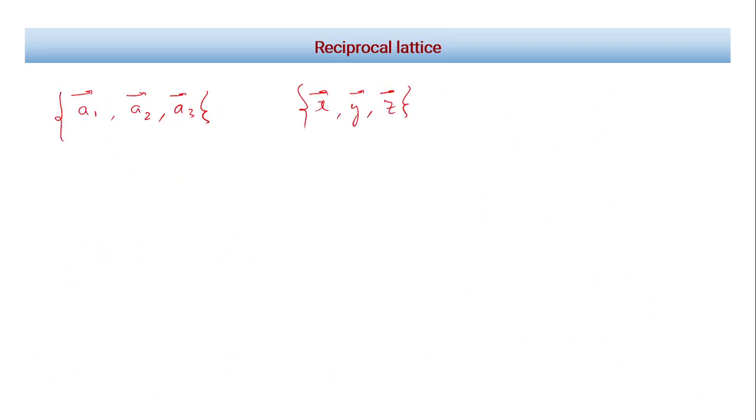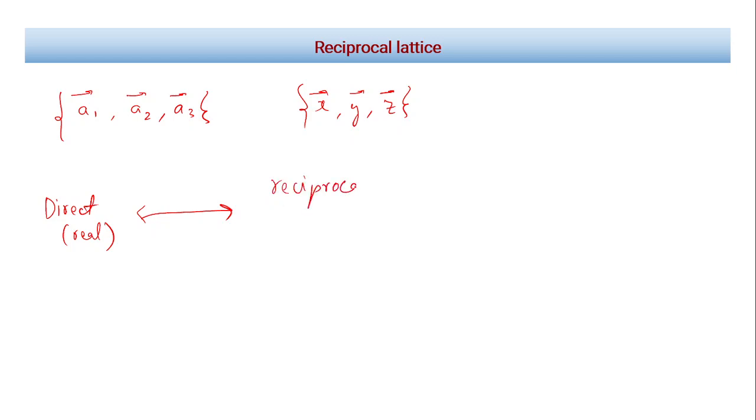So this was all in direct space or real space. Now, another set of basis vectors have been defined, such that they are related with the direct or real lattice. They are related with these lattice vectors also, and we call them reciprocal lattice.